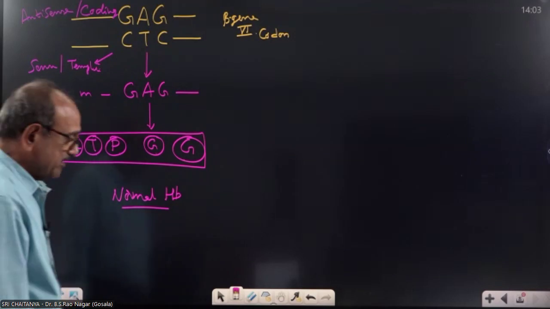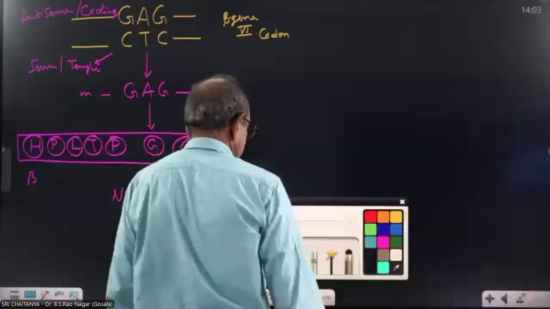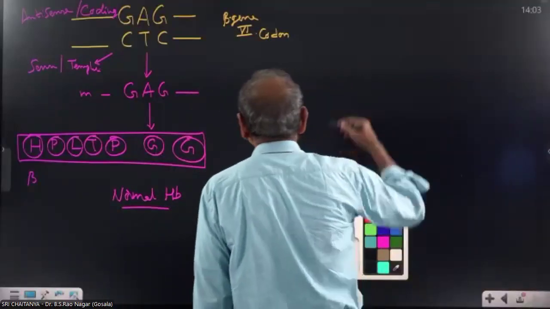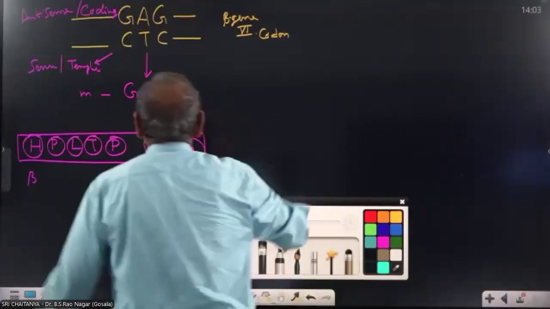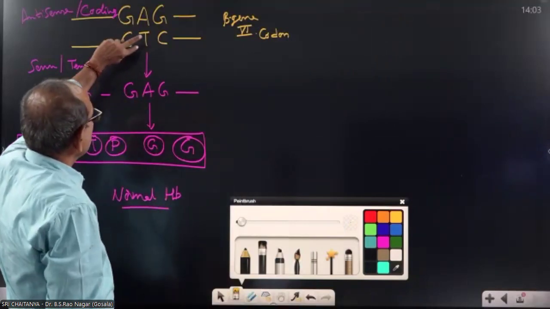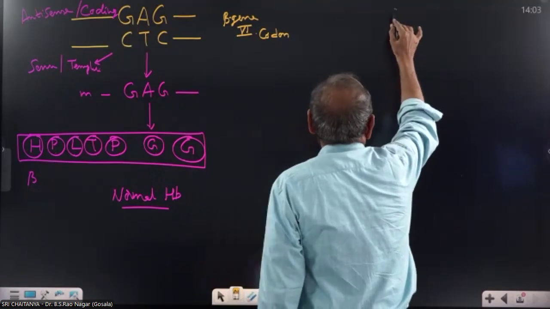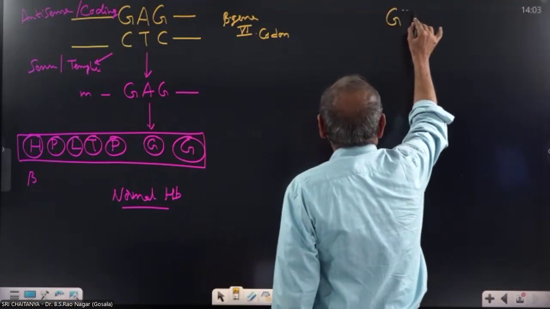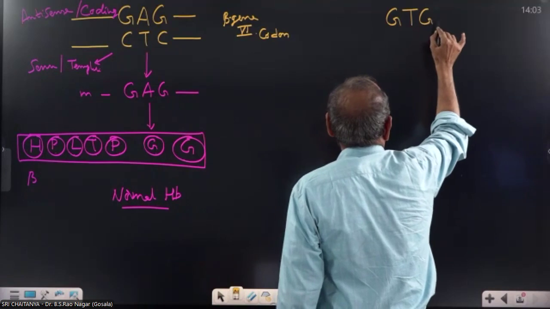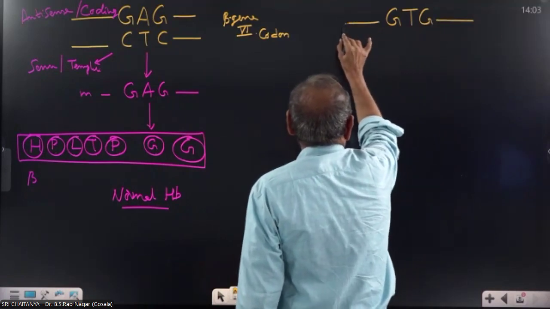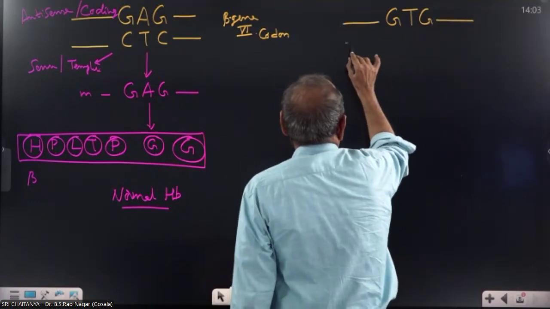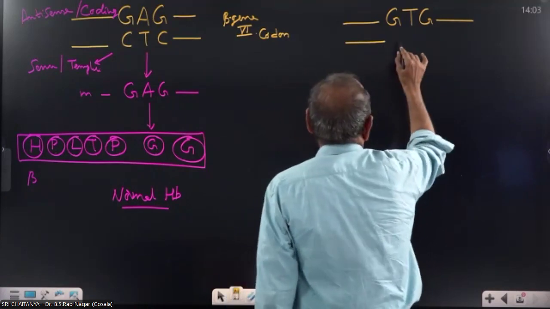But because of a point mutation due to inversion, see what happened. Here, AT is there. It is simply inverted like this. G, T, G. Just one point mutation makes a lot of difference.